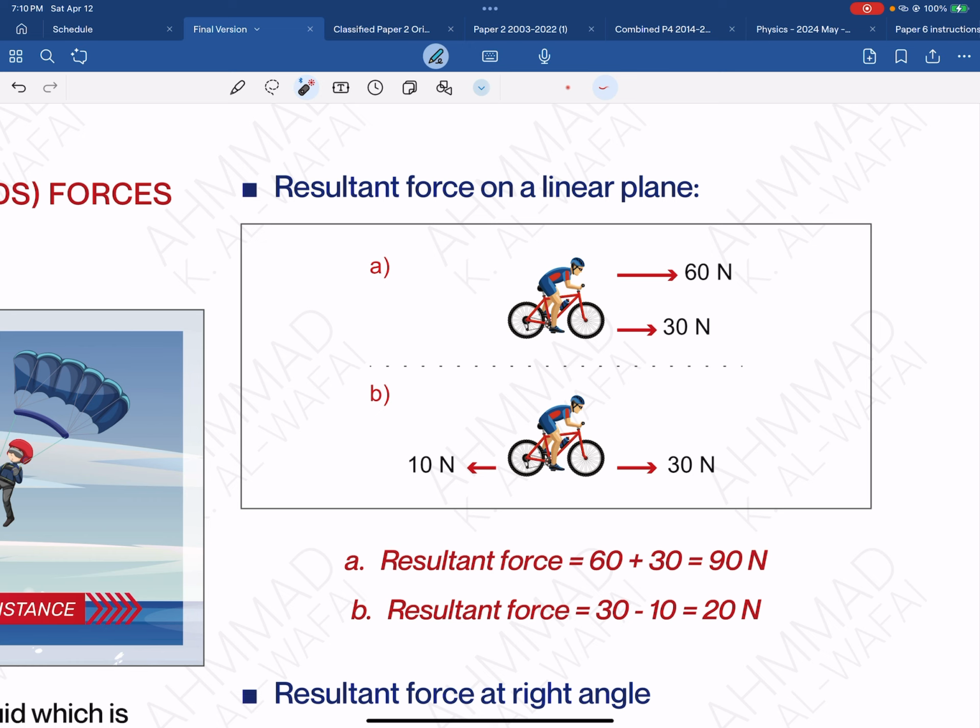So the resultant would be 60 plus 30, that would be 90. For example, this one is 30 minus 10, so the resultant is 20. This was the driving force, and this was the resisting force. That's how you calculate them if they are on the same line.